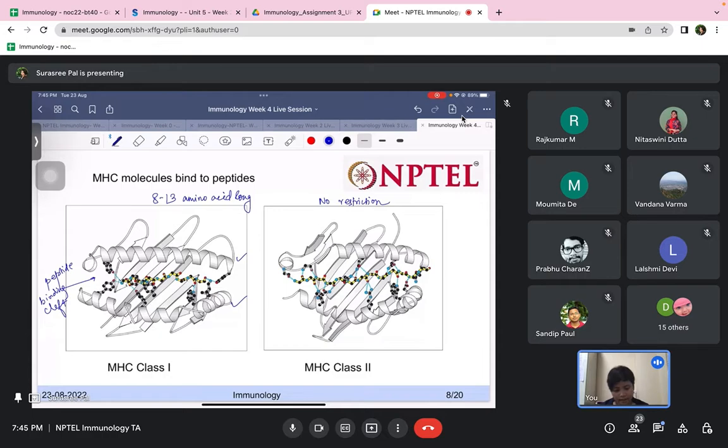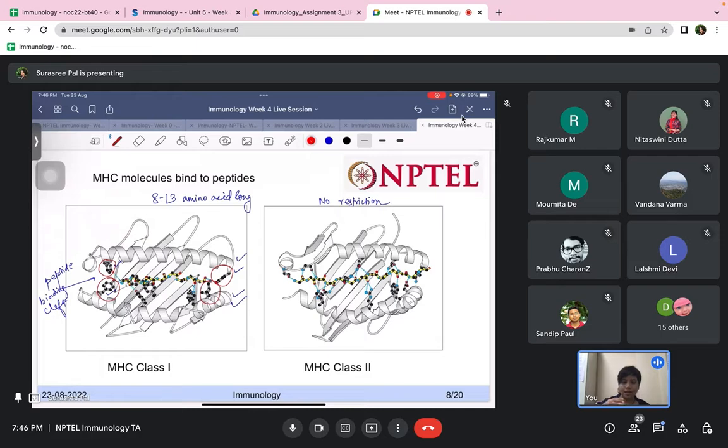In MHC class 1, there are several amino acids at the end of the peptide binding cleft, part of the MHC molecule, which help to bind the antigenic peptide by several types of interactions, like ionic interactions or several non-covalent interactions like hydrogen bond formation.